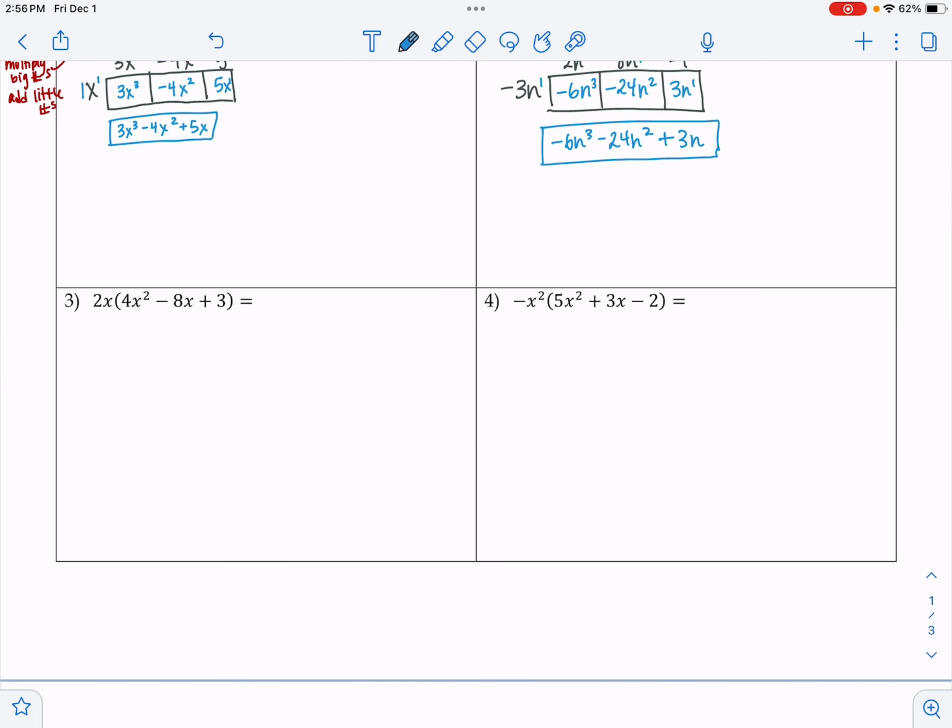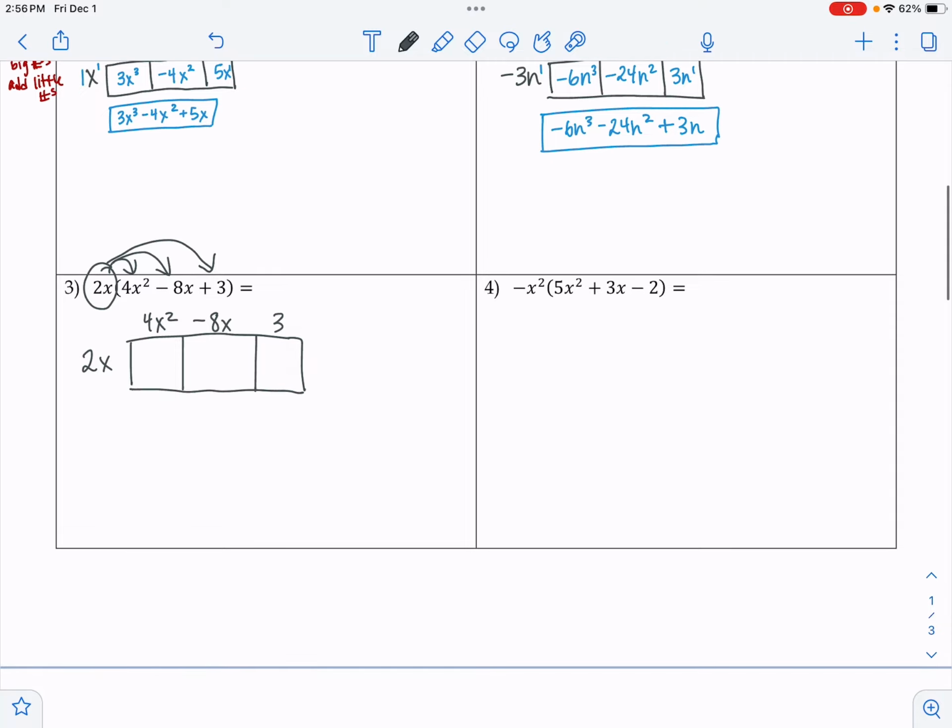Right? For number 3, the monomial is 2x getting distributed to this trinomial. So 2x gets multiplied by 4x squared, by the negative 8x, by the 3.